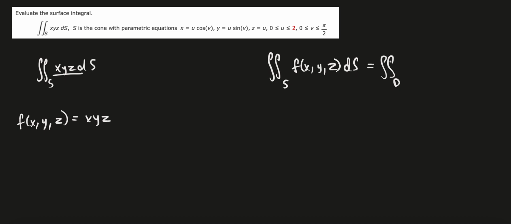It's not really helpful. So we want something like dA, and the way you convert, if it's parametric, which it is right now, just like the last example, is f of r(u, v) times the magnitude of r sub u cross r sub v. So that's just the formula.